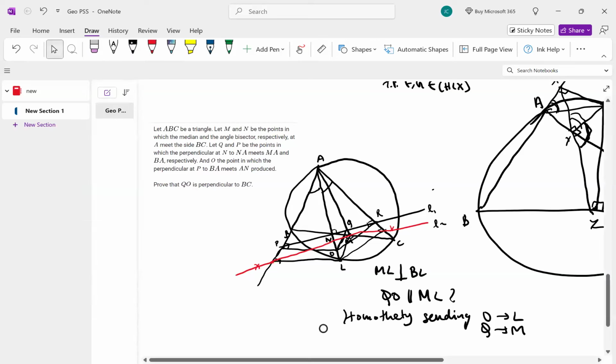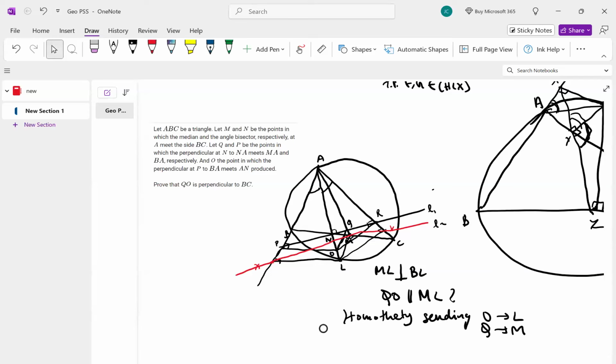So O goes to L, and you know that Q goes to M. So I hope it was clear. Wait, why does Q go to M? Because we know L1 goes to L2, so you just take the ray through A. Q must go to M. Oh, okay. Yeah, makes sense.